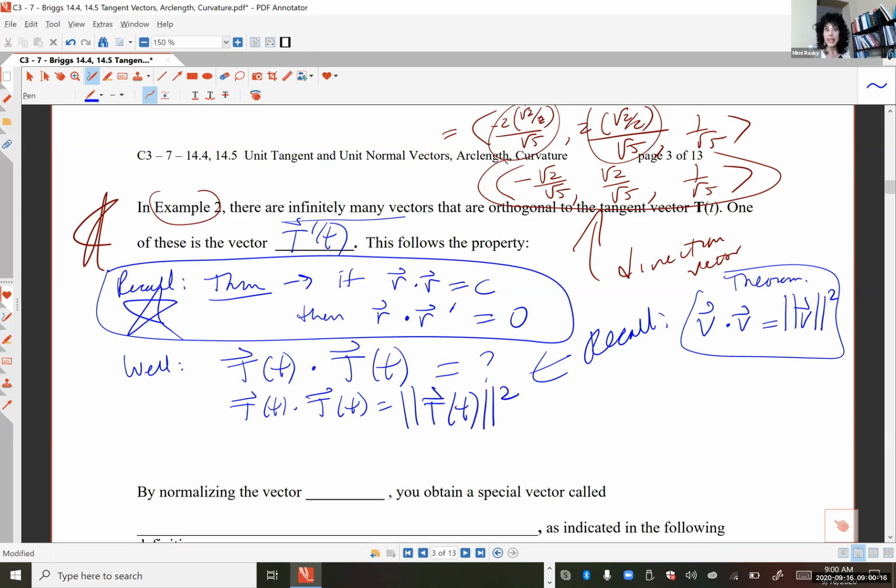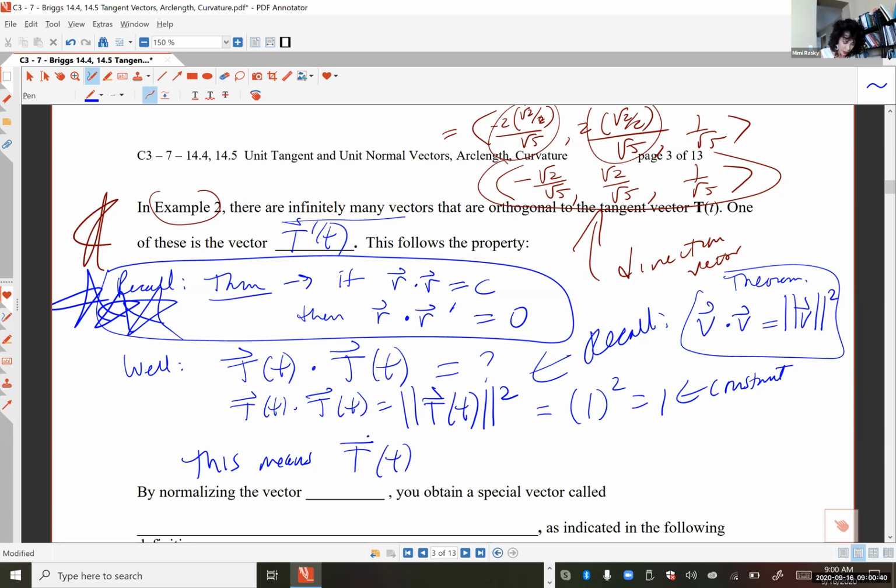But wait a minute, by definition, what is the magnitude of the unit tangent vector? One. And that's a constant. So by this theorem up here, I'll put another star by it, the unit tangent vector and his derivative give you a dot product of 0, which means they're orthogonal.